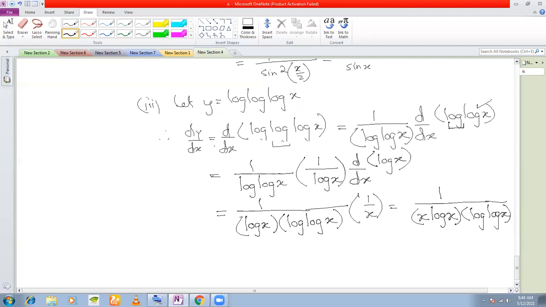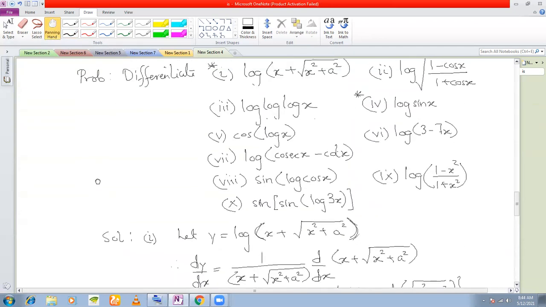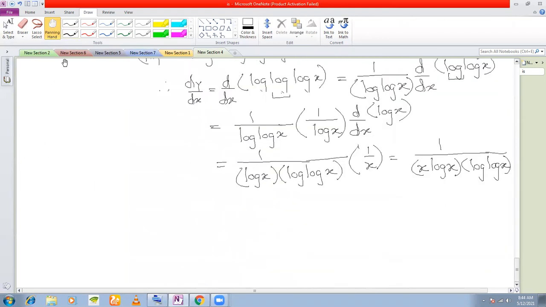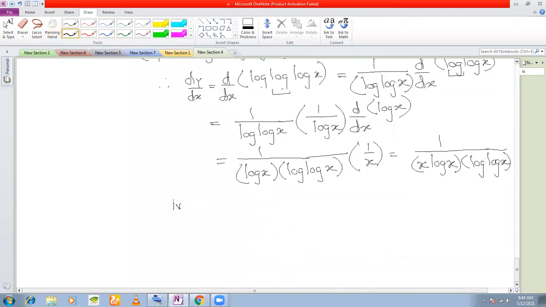Okay, we move on to the next problem. The next problem that I gave you was log sin x, an important one. Let y is equal to log sin x. Therefore, dy dx is d dx log sin x.